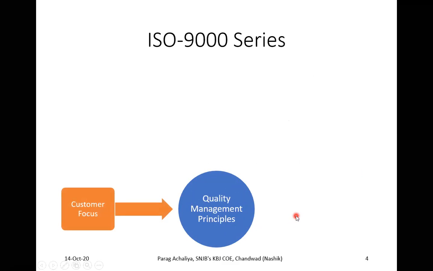Number one is customer focus. Everything should be focused by keeping the customer at the center. When you are going to develop any system and when you are going to test or check the quality of the system, you should keep in mind that the customer will be at the center.